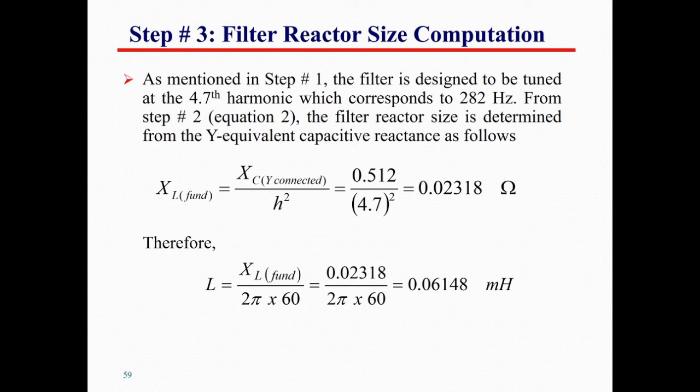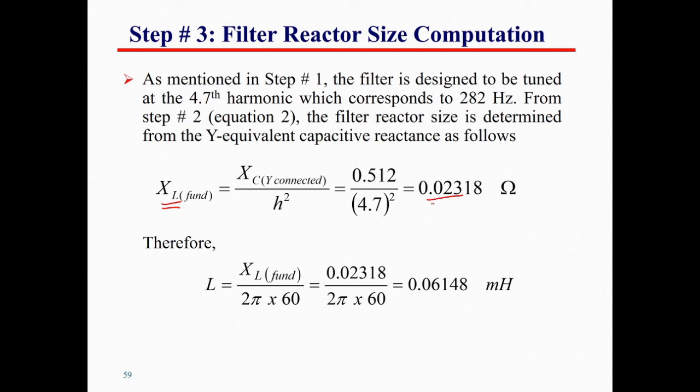Okay, and now again we can also recalculate the value of the inductance, because we should not forget that we selected a capacitor bank from the market, and we find it to be 450. So that gives us a different XC. So now we need to calculate the new value of XL, and again the new value of XL can be calculated from this equation.